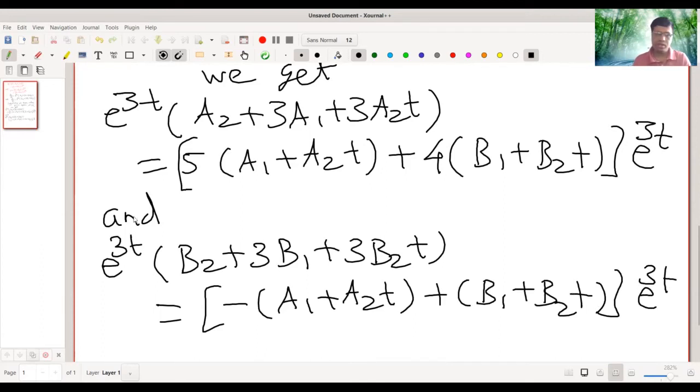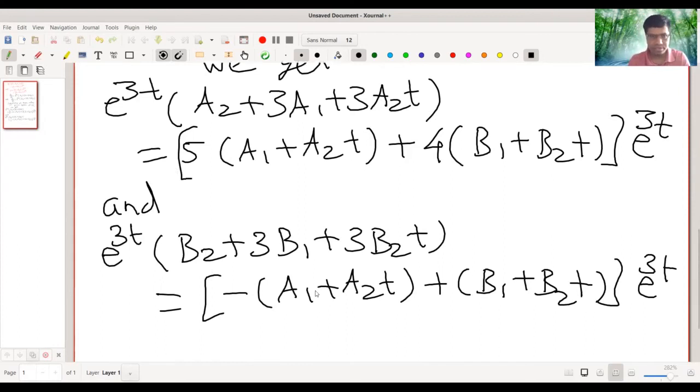Now we can divide these equations by e raised to 3t and we get simplified relations.